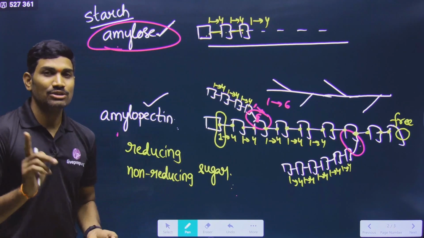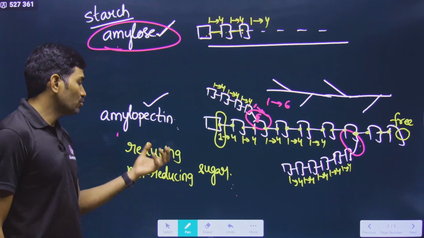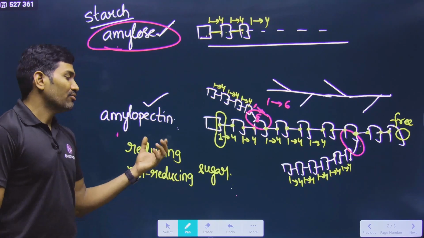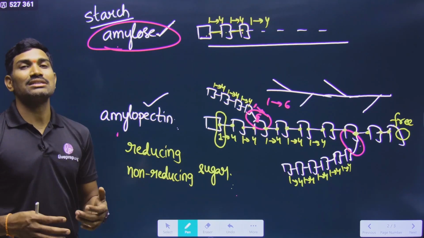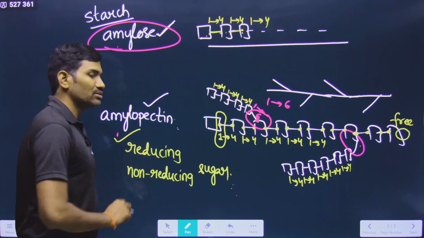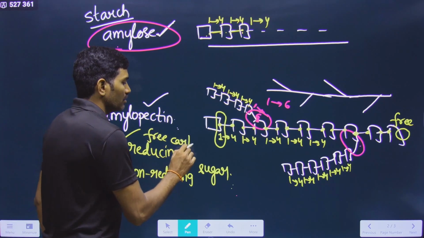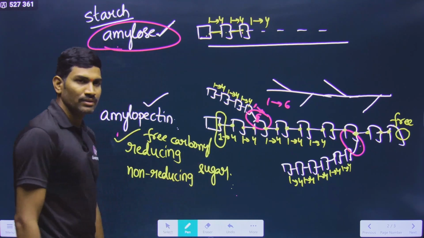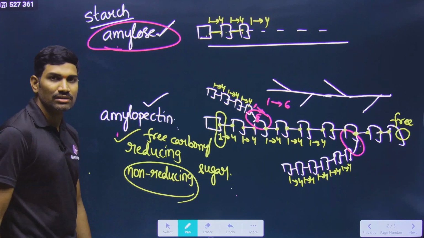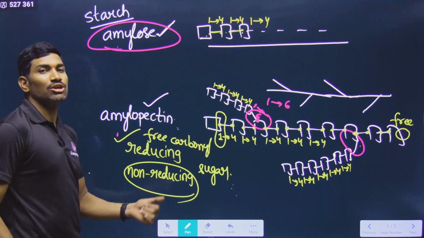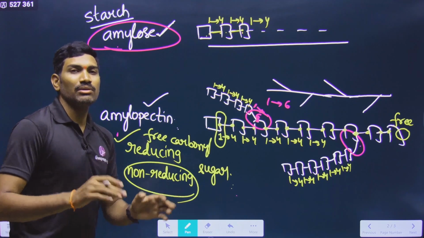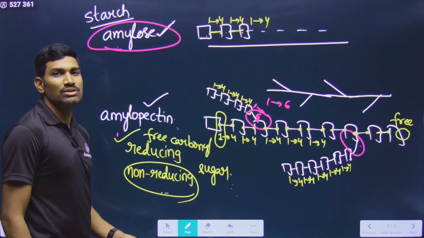Yes or no? That means it should not be involved in the bonding. So those sugars having a free carbonyl group are called reducing sugars. Then what about non-reducing sugars? Those sugars which do not have free carbonyl groups are called non-reducing sugars.